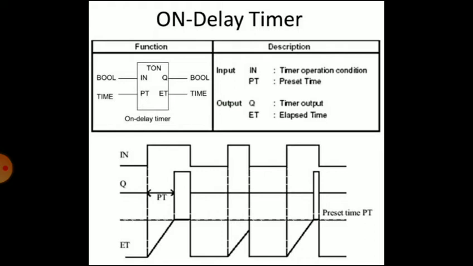Input IN is the timer operation condition, and PT is the preset time that we have to give to the timer. Output Q is the timer output, and ET is the elapsed time. After starting the timer, the elapsed time is shown on ET.